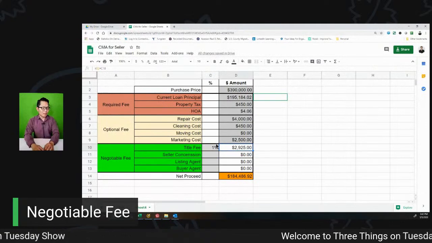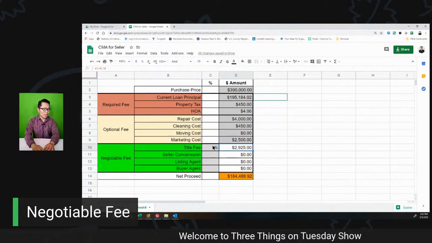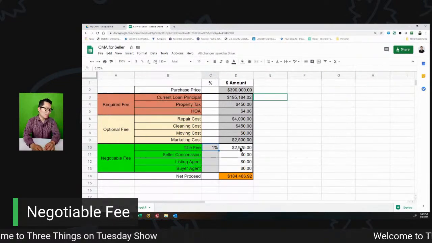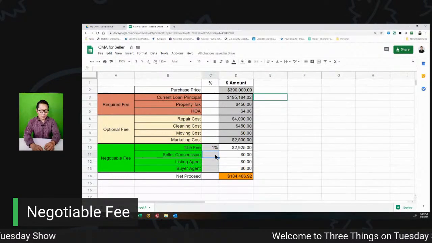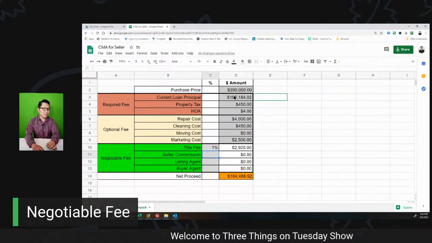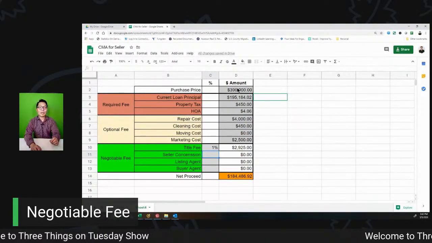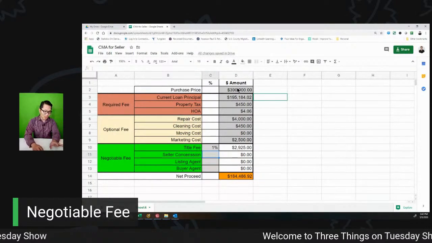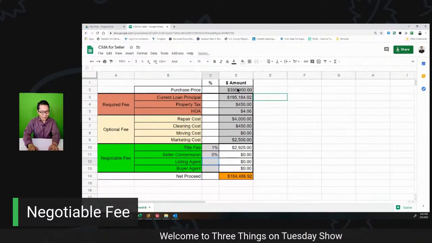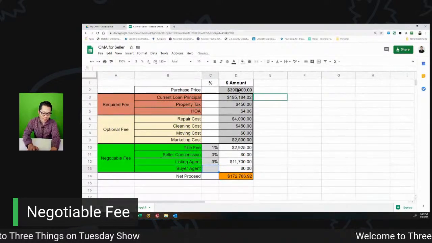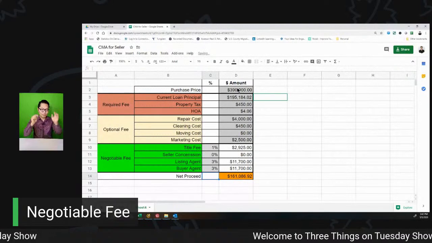If you're having trouble with the percentage, feel free to just type the number here. The seller concession, unfortunately, this is very well priced, so she's not willing to give up any seller concession in this situation. I'm going to put 0% here. For the listing agent, it is 3%, and the buyer agent is another 3% for her.